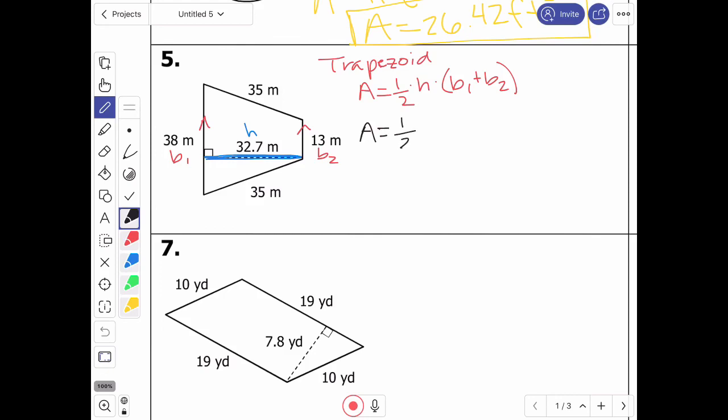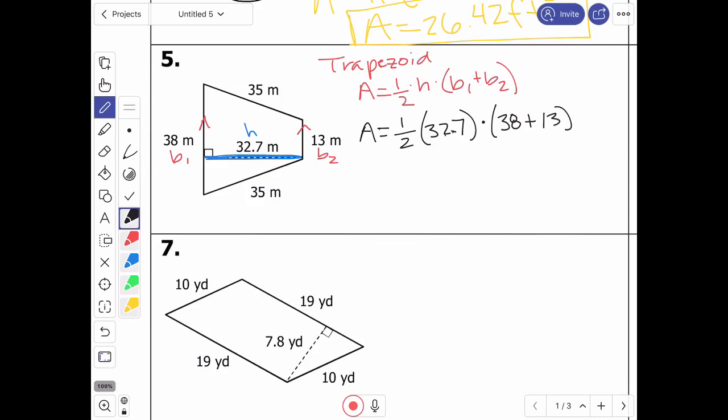So then area is going to be 1/2 times 32.7. Make sure that looks like a point. Times, and then my first base could be 38 plus 13.